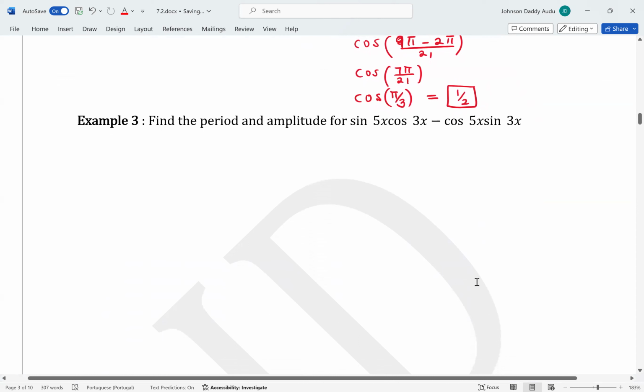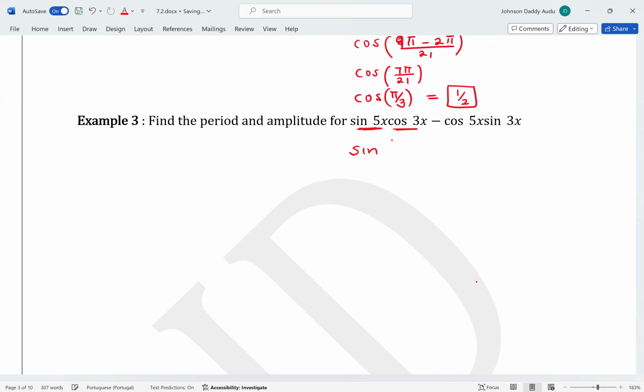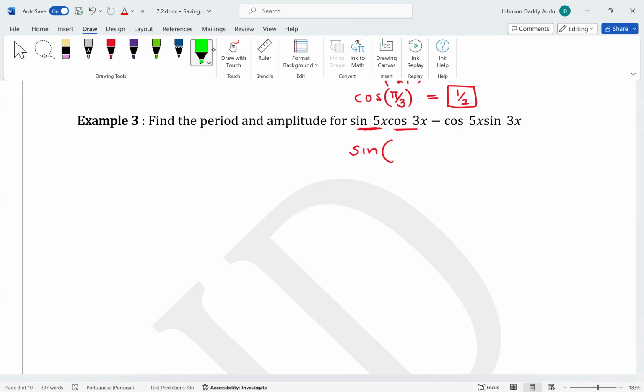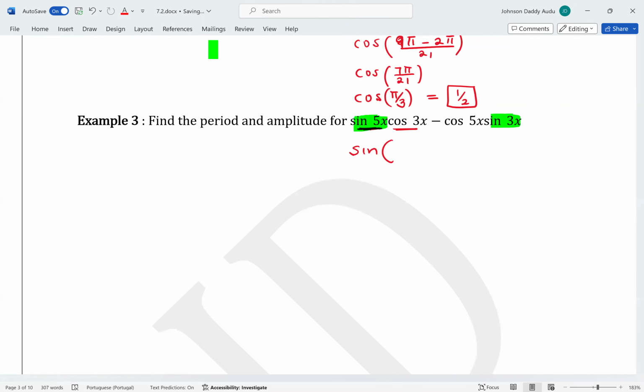All right. For example 3, it says find the period and the amplitude. So for this case, you see now, here you have a combination of sine and cosine. This is sine, this is cosine. So it's going to have to do with sine. So definitely this is going to be sine, because here we have sine, and here we also have sine.